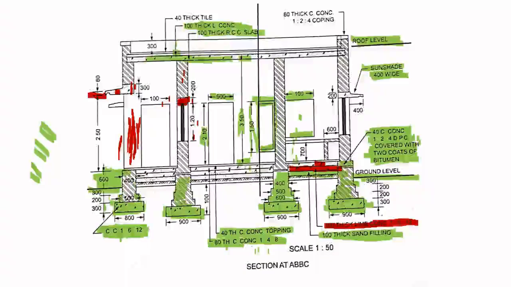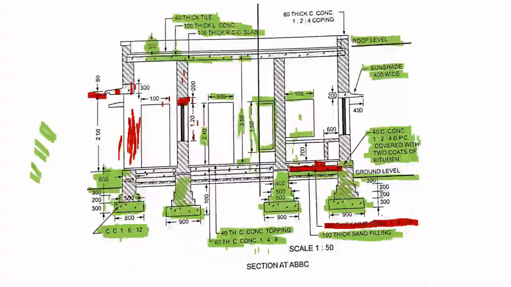And above this, you have 40 mm thick tiles. It is optional, you can use any material. So for 40 mm thickness you have tiles. So this total distance is 300 mm.